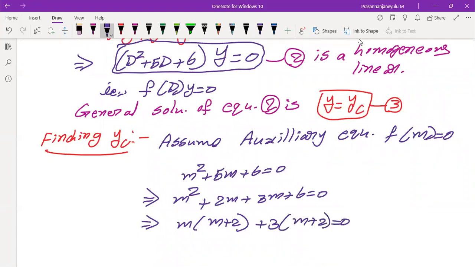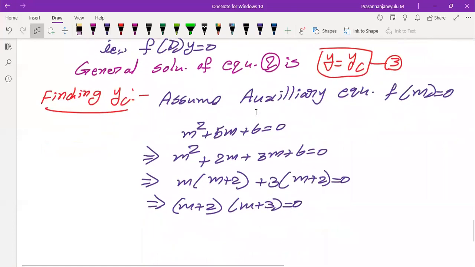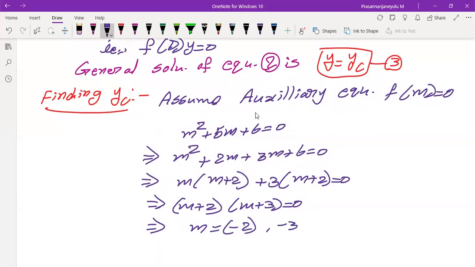Taking m plus 2 common, we get (m plus 2) into (m plus 3) equals to 0. One of your friends said m equals to 2 and 3, but the roots are not 2 and 3 here. Your friend mentioned 5 can be written as 2 and 3, so m is equal to -2 and -3. So these are the roots.